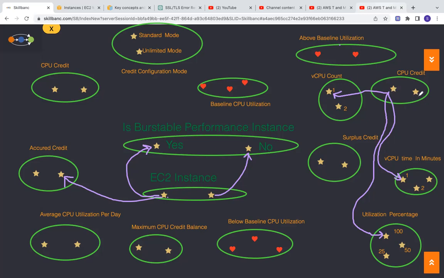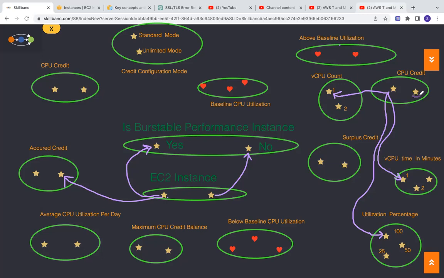Suppose I have 2 CPUs running for 1 minute at 50% utilization, then that is also 1 unit. Or let's say you have 2 CPU units, 2 minutes, 25% utilization. Then also it is considered as 1 unit.